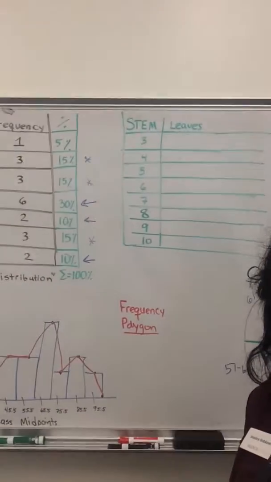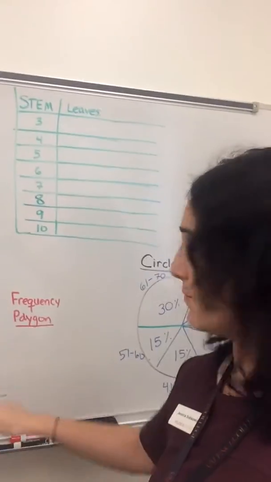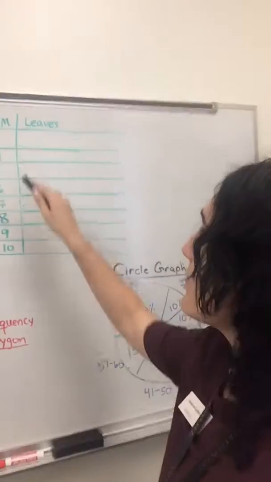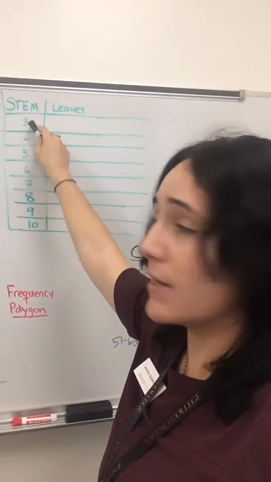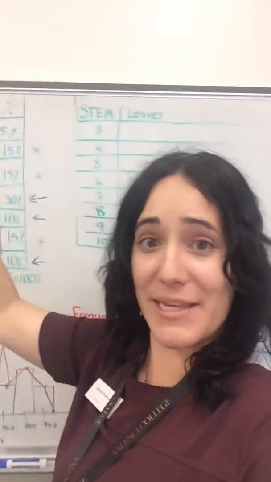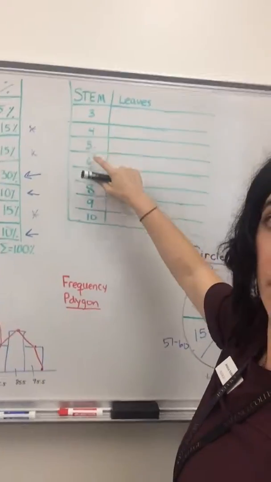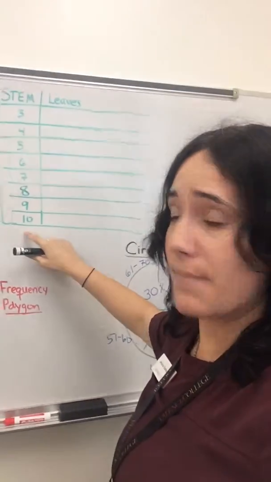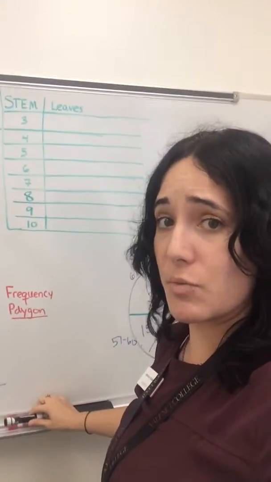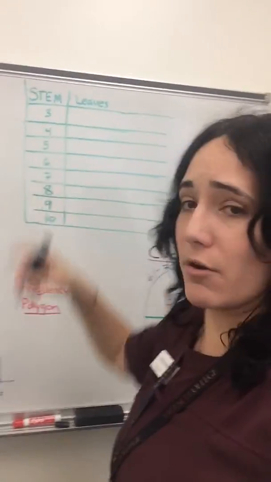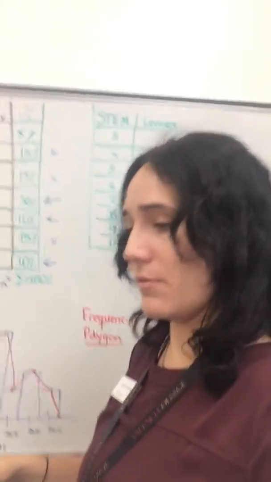Finally, we'd like to create a stem and leaf plot from our frequency distribution. And to do this, we first need to have a stem for every single 10s place. So like 30s, 40s, 50s, 60s, etc. So 3, 4, 5, all the way down to 10. Those are our stems. Our leaves are the digits without commas. So for example, looking at our original data, this is where we have to be a little bit careful.